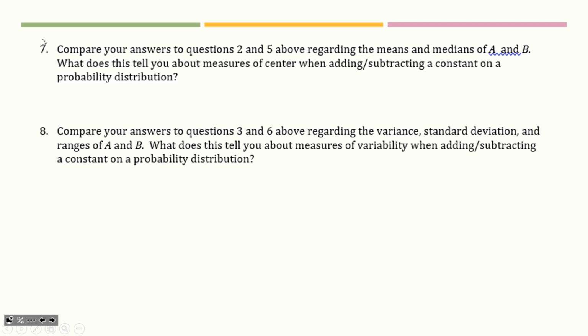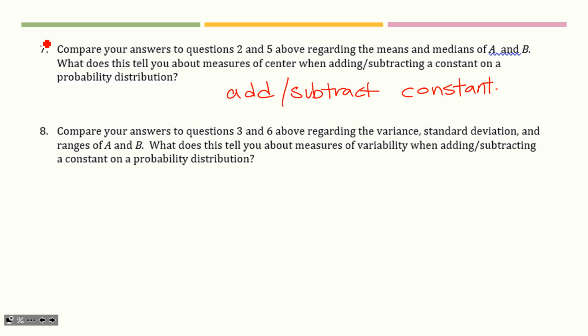For the measures of center, we add or subtract that constant. So look at the mean. The mean of A was 1.85. The mean of B, 4.85. So 1.85 plus 3. Look at the median, the same thing. Look at the max value. Look at the minimum value.